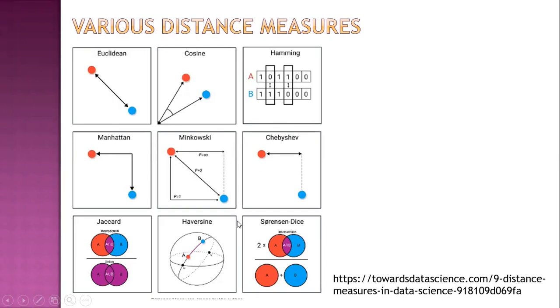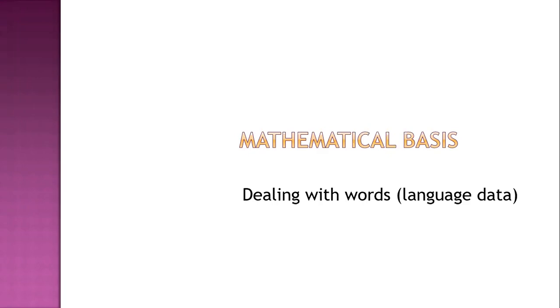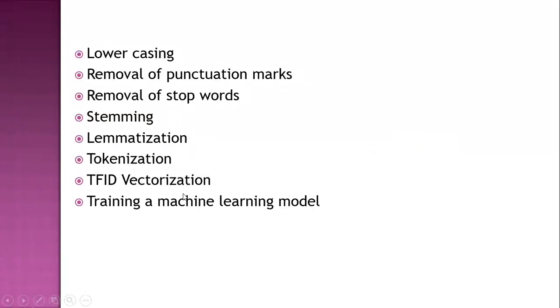Then these are other distance measures. CBR may involve written material or documents. A lot of written words may be there. So how to deal with words or language data? This is the summary. I have a separate lecture on using words or language in machine learning, that is natural language processing.